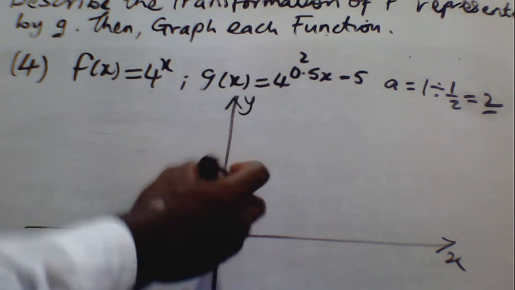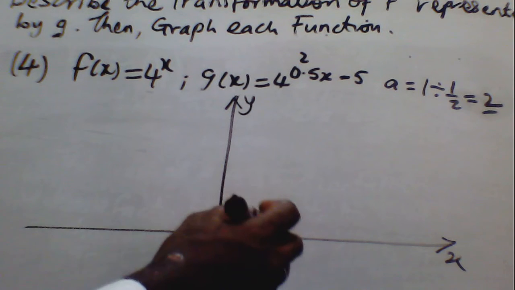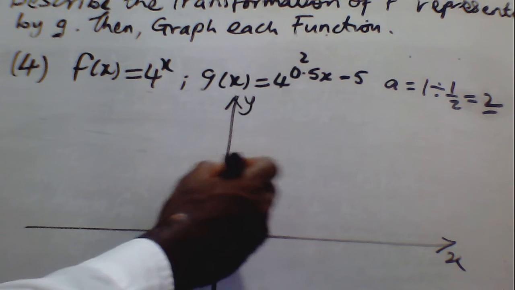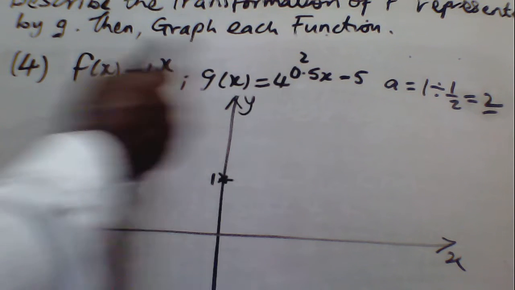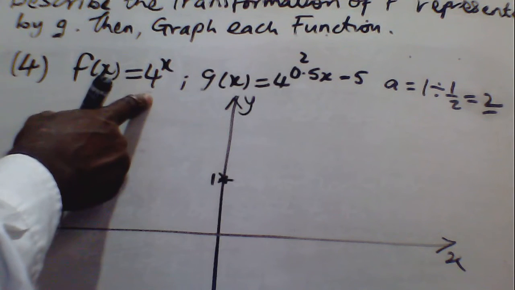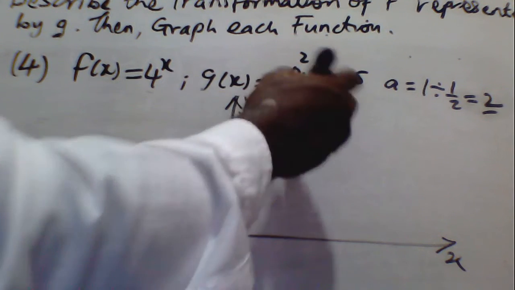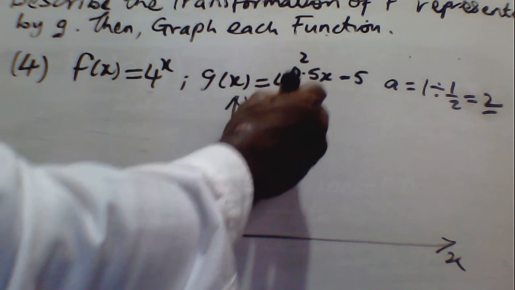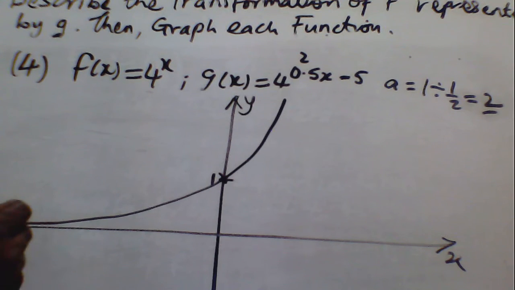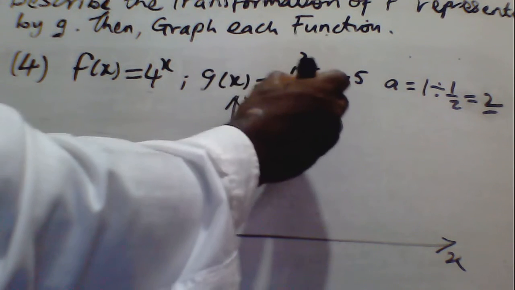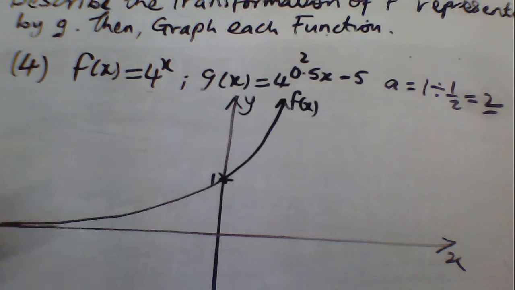We know it always starts from 1. Let's choose 1 here. We can now graph it. The base is greater than 1, it's not a fraction, it's a whole number, so it will start from here. So this is how it's going to look. This is the graph of f of x.